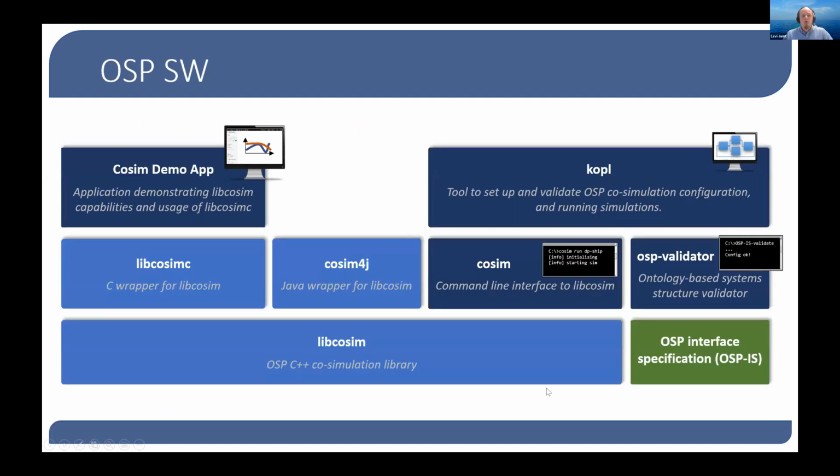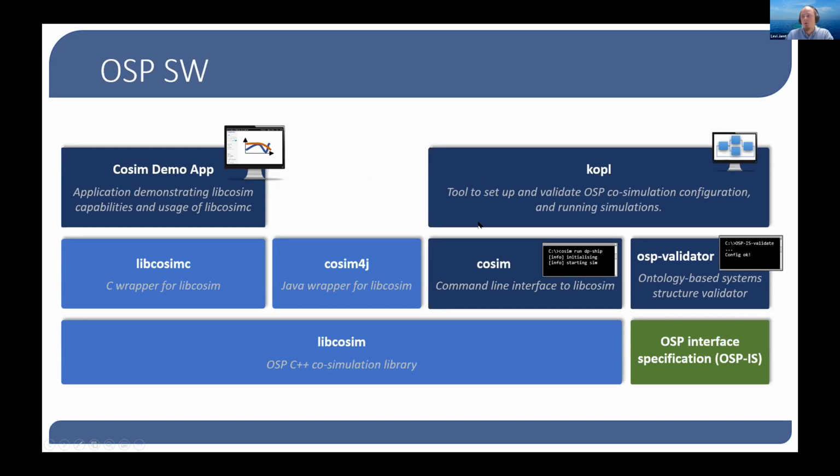Here we see an overview of how the OSP software components build on each other. We have libcosim as the foundation, the C++ Co-simulation library, where all main features of the OSP software have been implemented. On top of libcosim, we have the C wrapper, libcosim C, and the Java wrapper, Cosim4J, for developers who want to use libcosim with other languages than C++.